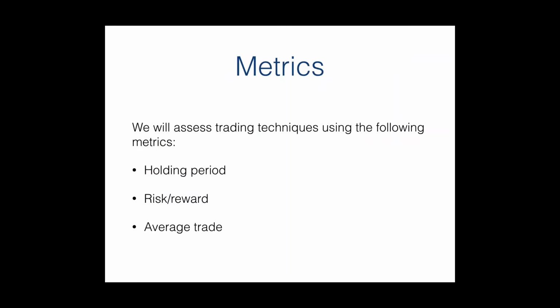Let's now go further and try to build a more detailed classification of those trading techniques available to individual traders. For this purpose, we will use a number of metrics: holding period, risk-reward ratio, and average trade value. As we will see, these three metrics, if combined together, provide a number of combinations which exhaustively describe the peculiarity of each trading technique from a psychological point of view.